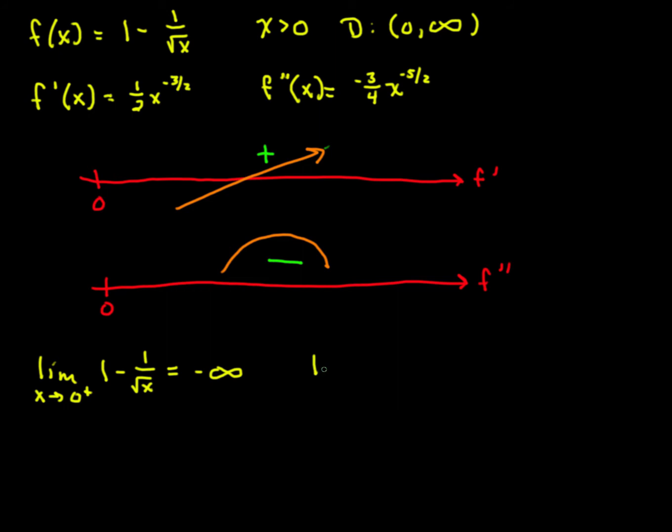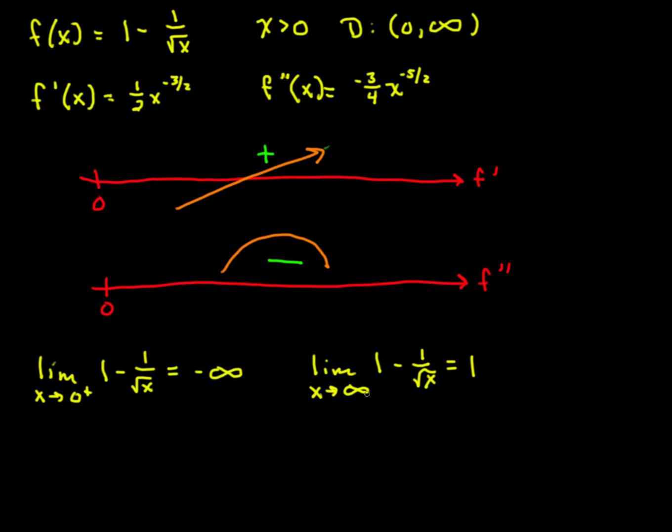On the other side, if I look at the limit as x approaches positive infinity of 1 minus 1 over root x, well, now x is an infinite number, positive infinite number, which means this is an infinitesimal, and 1 minus an infinitesimal is infinitely close to 1.